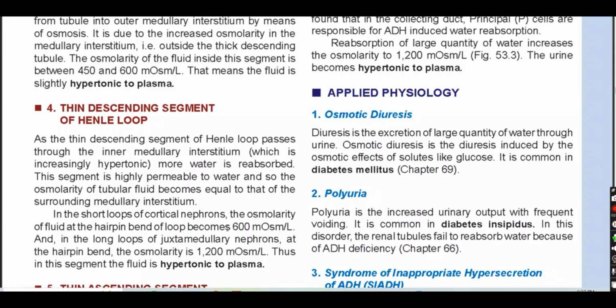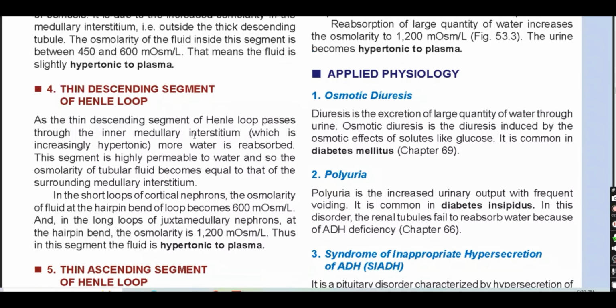So 300 increases and it comes to 600 milliosmol. And when it reaches particularly the hairpin bend, the osmotic pressure gradually increases to 1200 milliosmol. It means the fluid is hypertonic to the plasma.